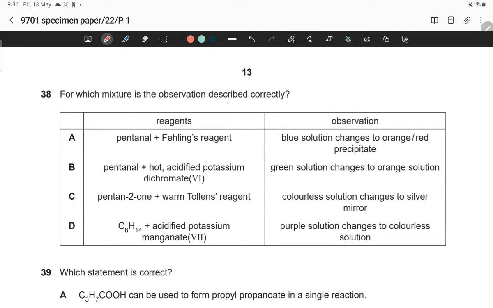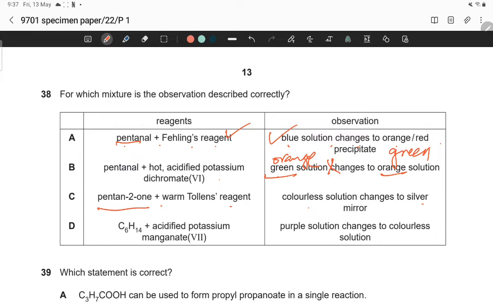For which mixture is the observation described correctly? Pentanol plus Fehling's reagent: blue solution changes to orange-red precipitate. Yes, it is correct. Pentanol plus hot potassium dichromate: orange solution changes to green. So this is incorrect. C, pentan-2-one plus Tollens' reagent: colorless solution changes to silver.